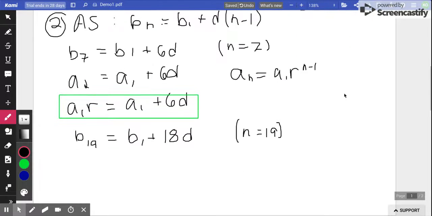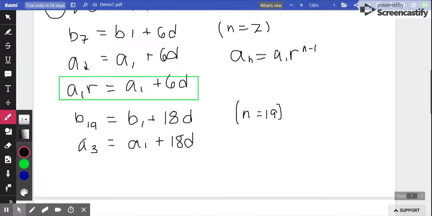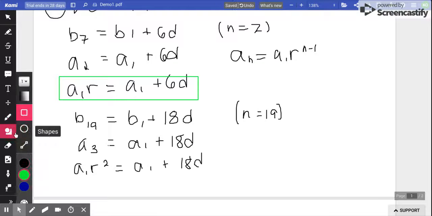So B19 is A3, and B1 is A1. This here is still 18D. Again, we don't want A3, we want something that has A1 and R, so A1 R squared equals A1 plus 18D. And now we are in business because we have 3 equations, 3 unknowns for which we will be able to solve.